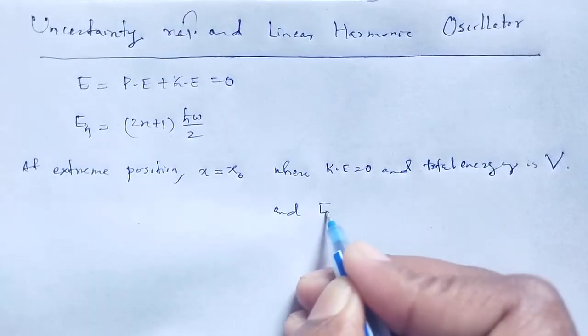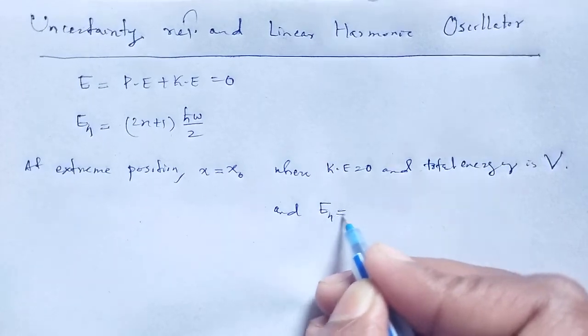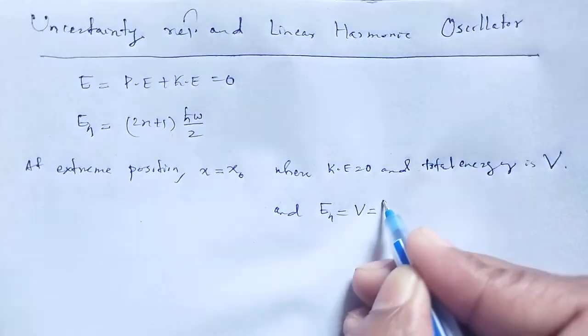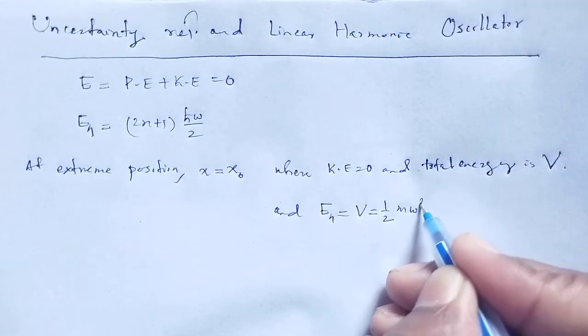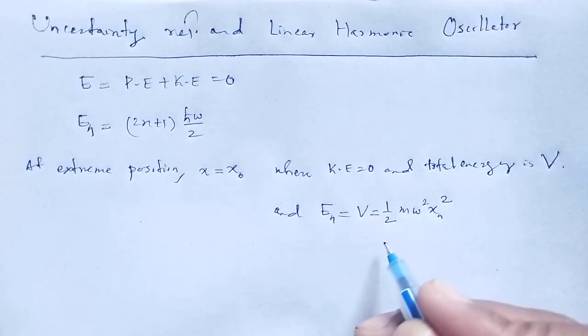We write here the energy of the nth state, due to the potential energy, V = ½ m ω² xₙ².